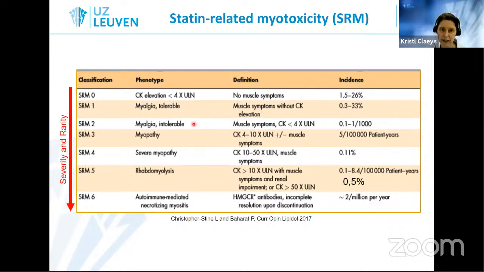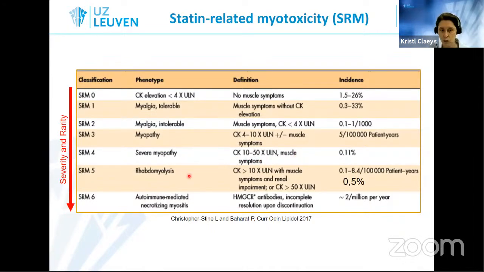If the myalgia is intolerable, so they really need painkillers, a really severe myalgia, and CK is less than 4 times the upper limit of normal, then this is SRM2. In case of a myopathy with CK elevation between 4 to 10 times the upper limit of normal, with or without muscle symptoms, this is SRM3. A severe myopathy with higher CK values and muscle symptoms will be SRM4.